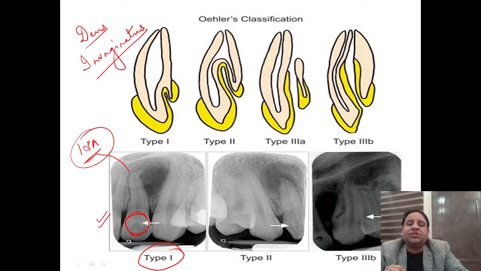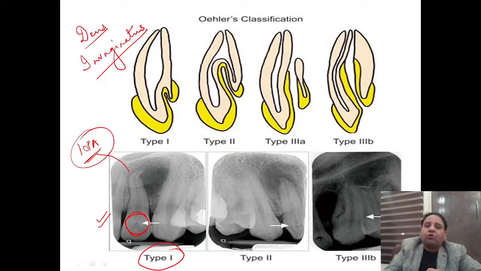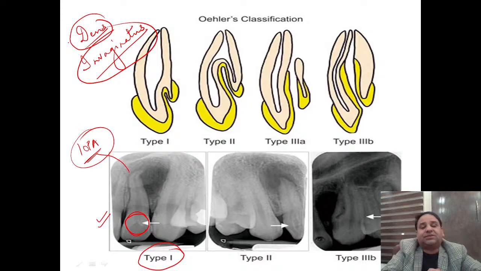The second question you must have encountered in that question bank and in previous years was: which developmental anomaly can be a risk for the development of periapical pathology? And the clear cut answer is dens invaginatus.